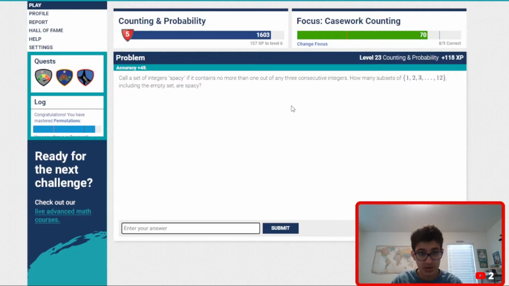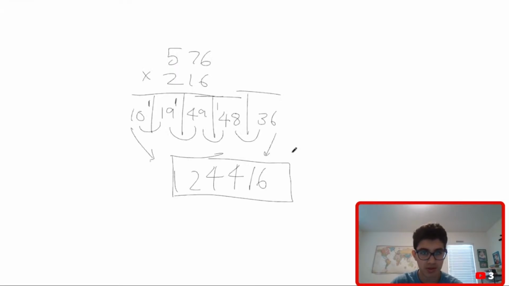Call a set of integers spacey if it contains no more than one out of any three consecutive integers. So 1, 2, 3. So basically, okay, you can have the null set, right?